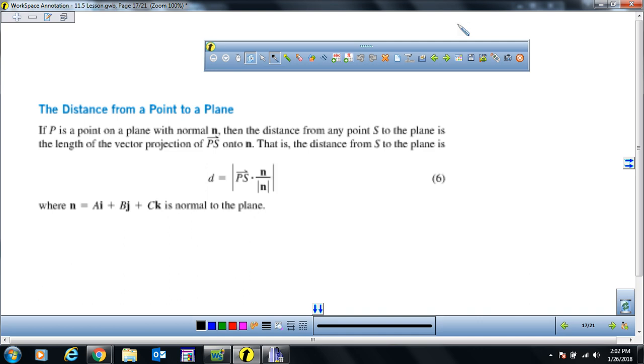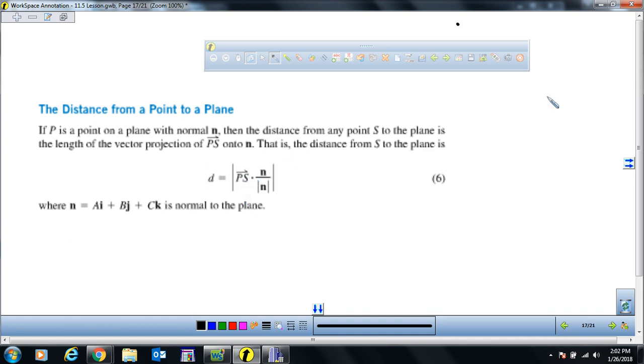Now for the next part, we're going to use the formula for how we can find the distance from a point to a plane. Okay, the distance from a point to a plane. The formula says that we need to get the magnitude of the dot product of a vector that goes from some point P on the plane to any point S that we want to find the distance of.